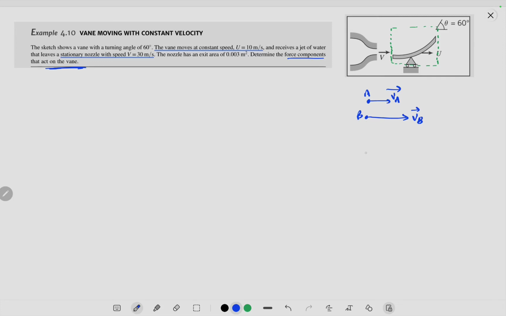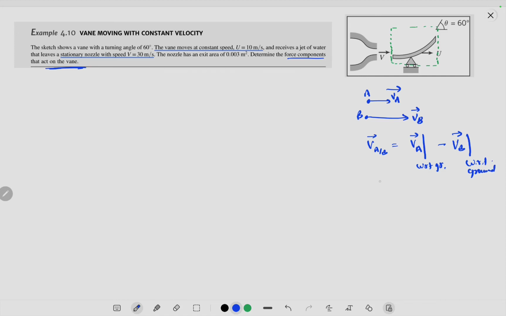So in that case, what is the relative velocity of A with respect to B? We just write this as the velocity of A with respect to ground, meaning with respect to some observer on stationary ground, minus Vb with respect to ground.